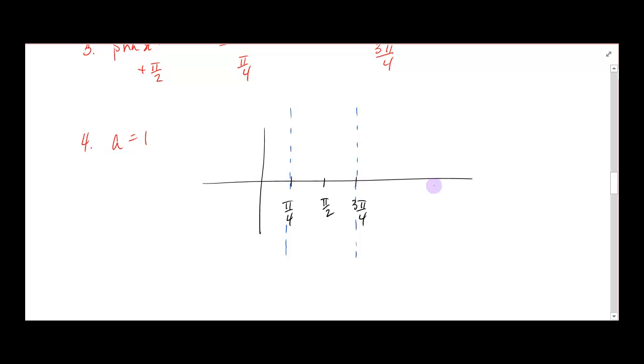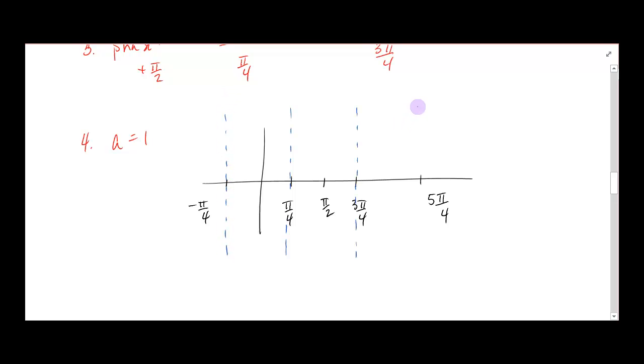So if I move in this direction, moving to the right, 3 pi over 4 plus 1/2 would be 5 pi over 4. And pi over 4 in the opposite direction, in other words minus 1/2, would be negative pi over 4.